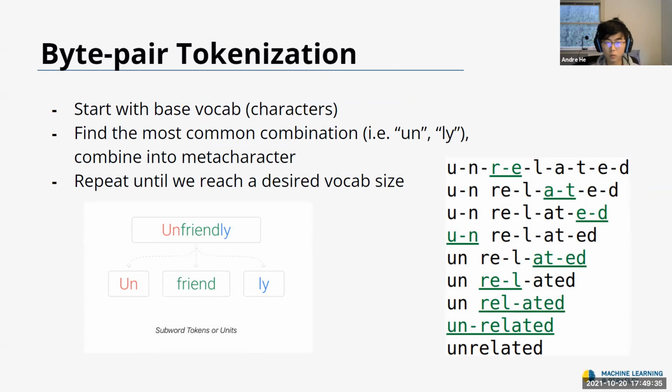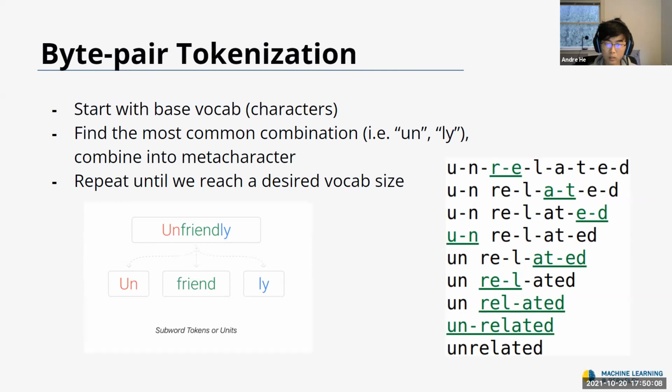The first thing you'll do is find the most common combination of characters, the pair that appears most often, and then combine them into a meta character. So if you find that the sequence UN occurs very commonly in your text, you'll combine UN into another character and say, okay, UN is now my meta character. And then you can repeat this process.